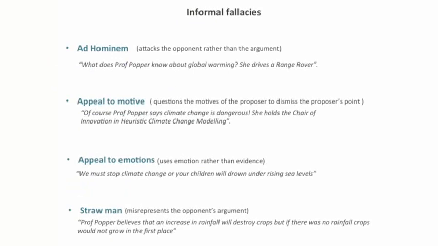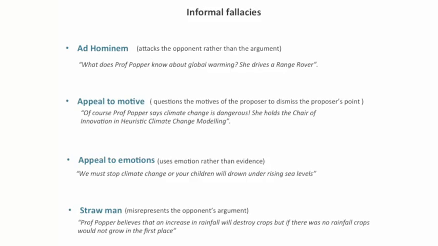The ad hominem fallacy, which attacks the opponent rather than the argument. For instance, what does Professor Popper know about global warming? She drives a Range Rover. Another example is the appeal to motive fallacy, which questions the motive of the proposer to dismiss the proposer's point. For instance, of course Professor Popper says climate change is dangerous. She holds the chair of innovation in heuristic climate change modeling.